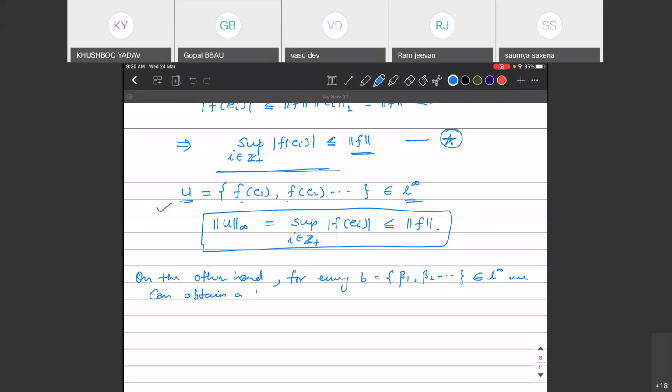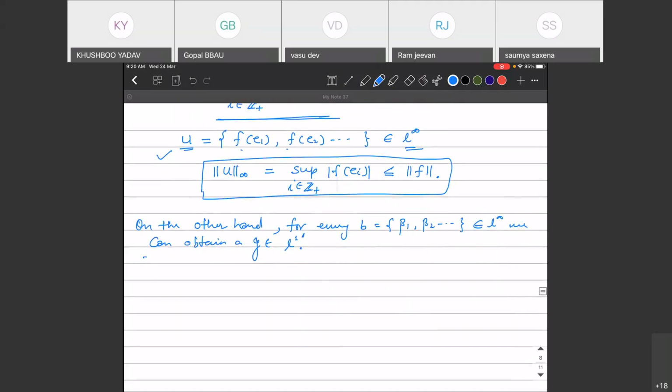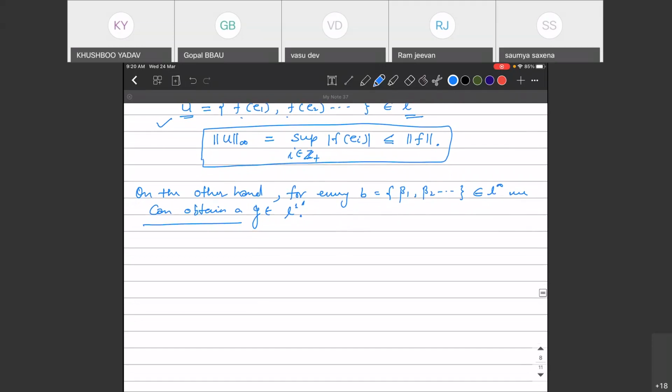For every b we can obtain a g in L1 prime. So how do we do this? Let's do it. Given this b, we have to define g in L1 prime.